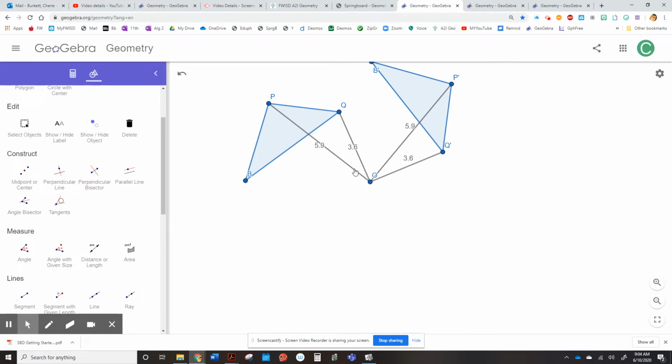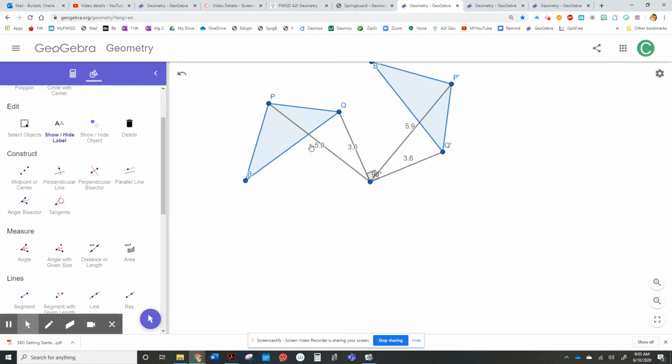Well, it's going to be whatever the angle of rotation was. You didn't see me rotate it, and I don't even remember what I rotated it, so I'm going to measure one of them and see. Oh, I rotated it 90 degrees. So that one came out to be 90 degrees, and this angle right here came out to be 90 degrees.